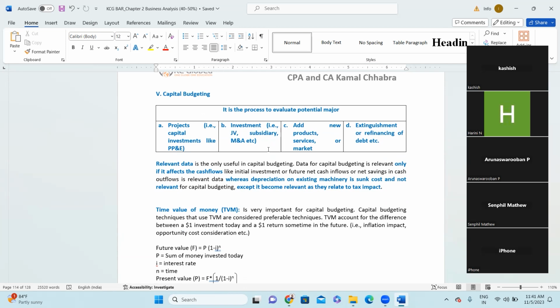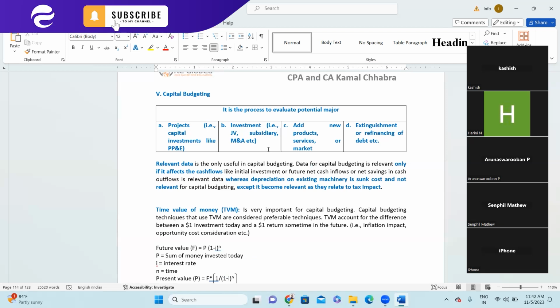So when you do capital budgeting for such bigger things, for example, any bigger project for which you need to make a capital investment, any joint venture, subsidiary, merger, acquisition you are making, or any new product, service line or market you are entering into, or if there is any extinguishment, that means you are paying back the debt or doing the refinance of the debt. Such major decisions require capital budgeting, right?